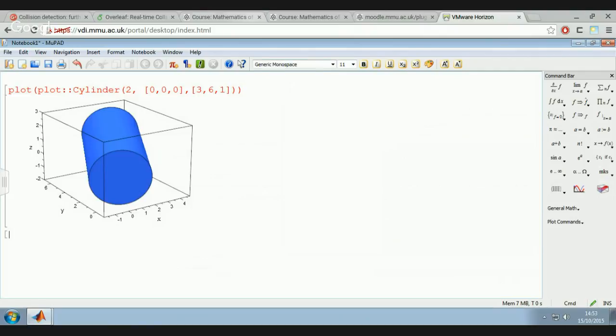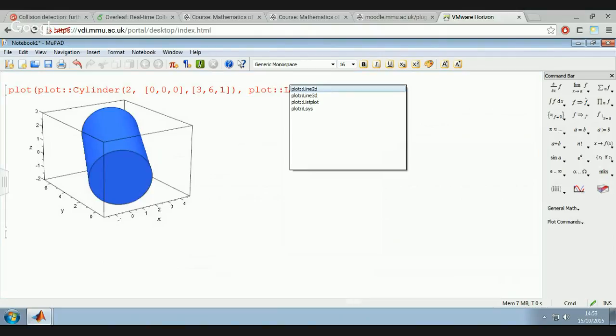And we can add into this plot, we can plot the line. It's going to be a three-dimensional line. And you specify a line just by giving the start point and an end point. The start point of the line was minus 10, 0, 0.